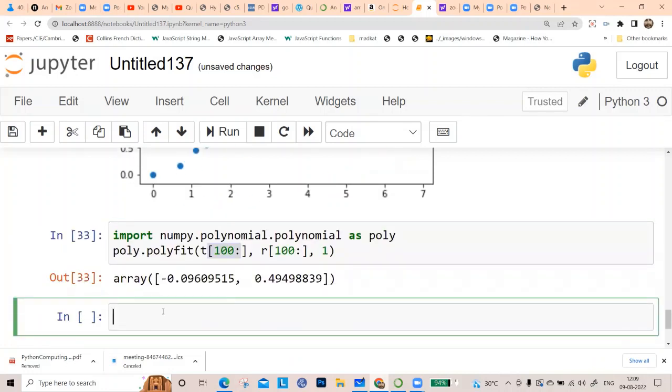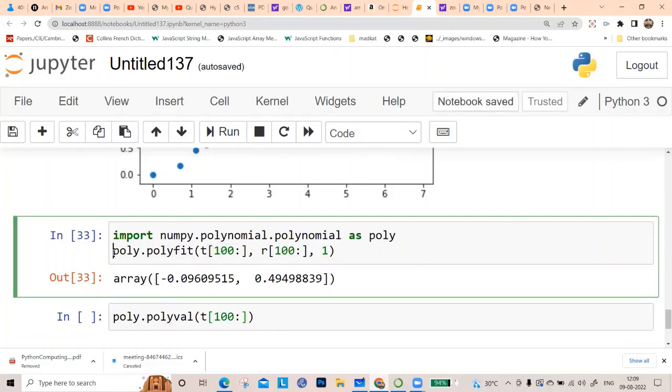Anyway, so now you call poly.polyval. Inside that you write the 100 colon, that means that many data. Before that I write COEFFS equal to this, that means I collect this array of coefficients into this name.